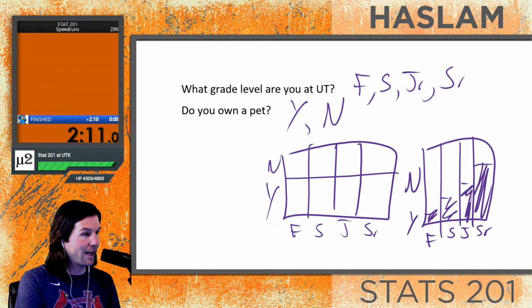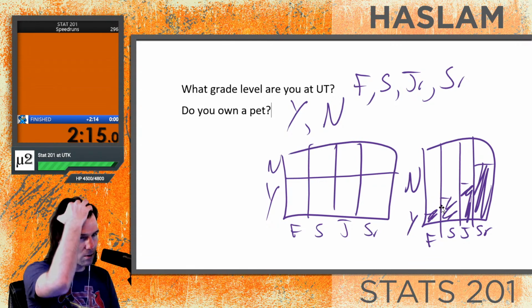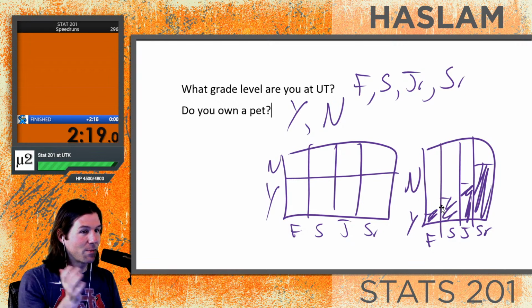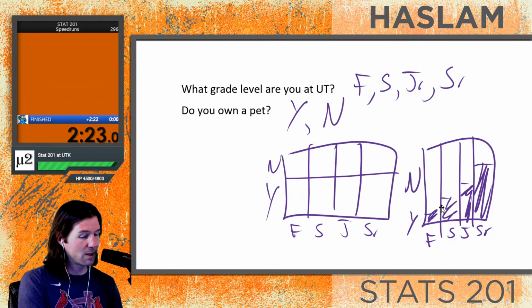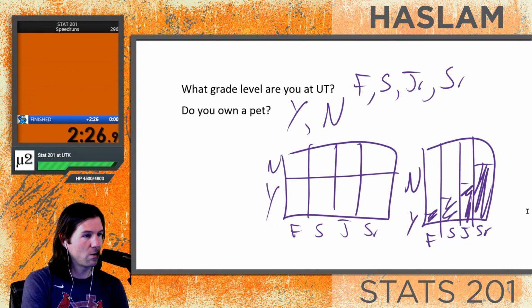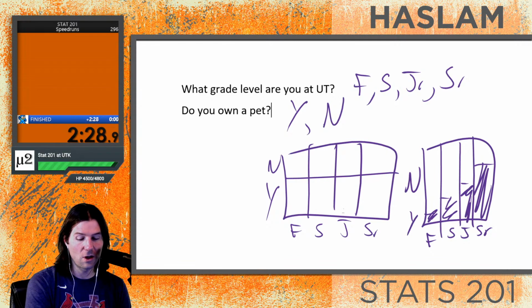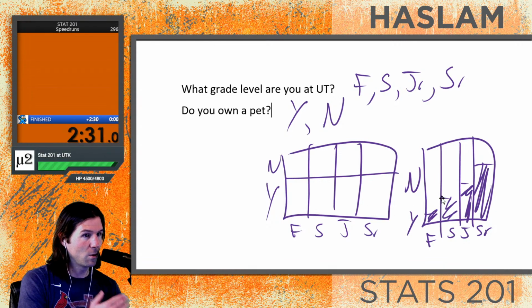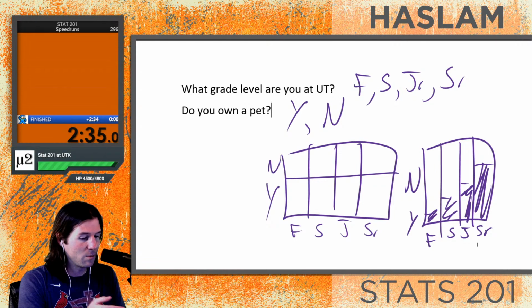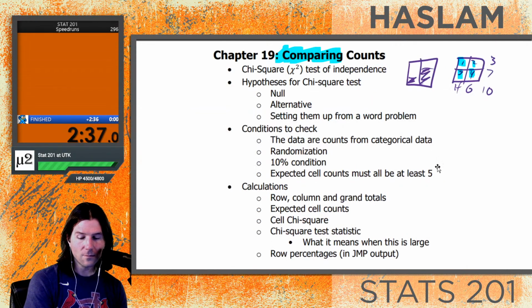And you can see that as people go to later years of college, they're more likely to own a pet. Probably because you're living off campus, there might be a lurking variable, which is something outside of these variables that is controlling for it, that people on campus might be less likely to own a pet. But also, at least via these graphics, it looks like it's associated with being an older student, or a student who's higher in progression through UT.